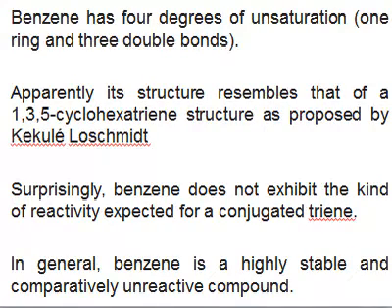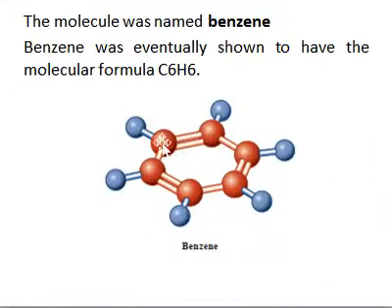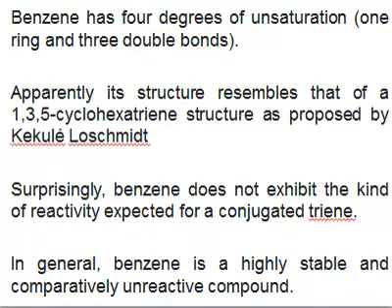So apparently the structure of benzene is the structure of cyclohexatriene, right? This is a 6-membered ring, cyclohexa, and because of the presence of 3 double bonds, the structure is just like 1,3,5-cyclohexatriene. According to Kekulé and Loschmidt, benzene resembles 1,3,5-cyclohexatriene.